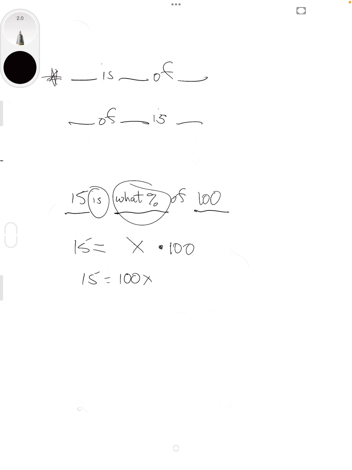I can write x times 100, but I normally put the x second. Well, to figure out x, I divide both sides by 100. And I end up with x equals 15 100ths, or 0.15. And if I want to know what percent that is, 0.15 is 15%. Remember, for percents, you just take the decimal, go 2 to the right. So x is 15% of 100.